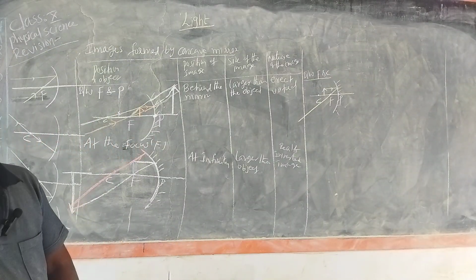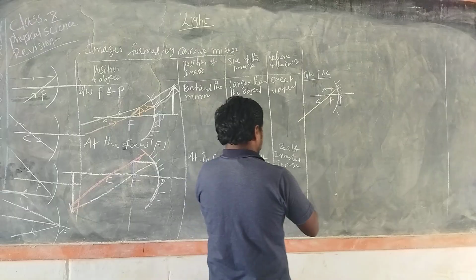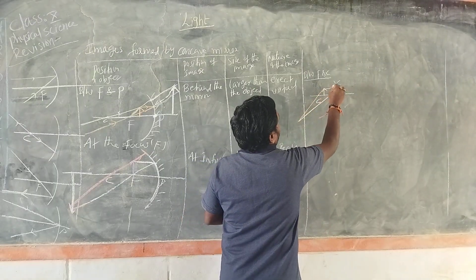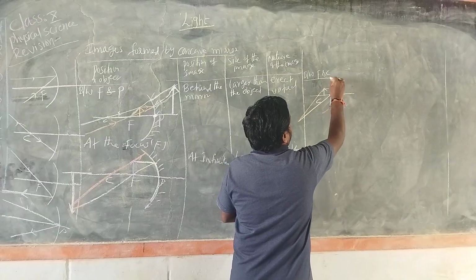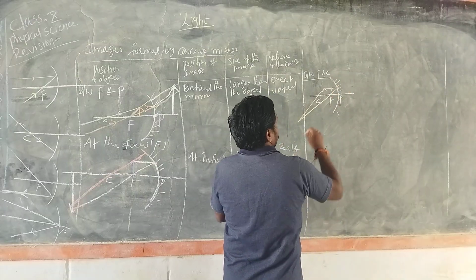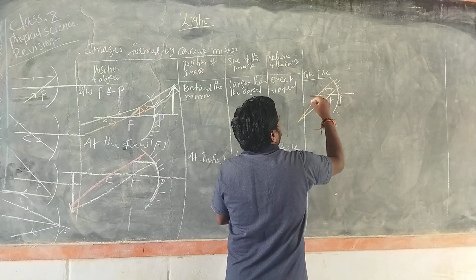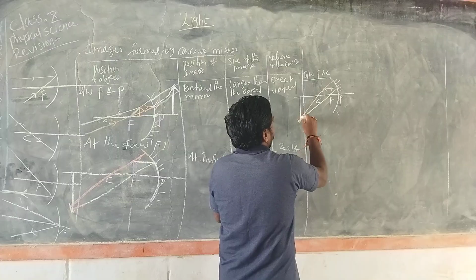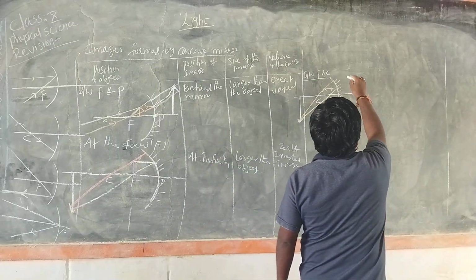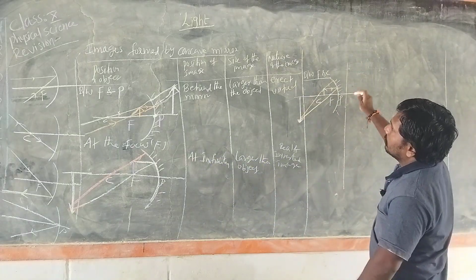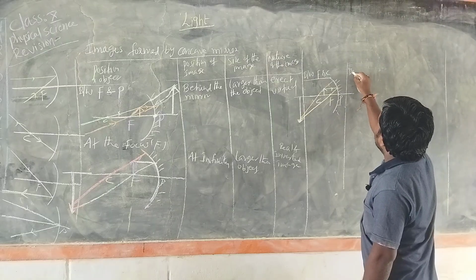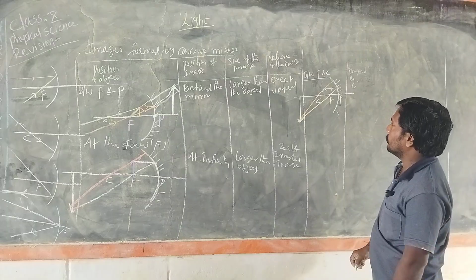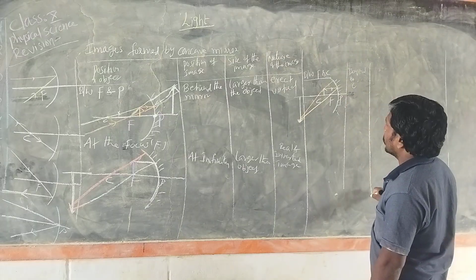Then as usual take the light that passes through center of curvature. So after reflection, here the image is formed. So where is it formed? Position of image: behind C. C means center of curvature. Behind the center of curvature.